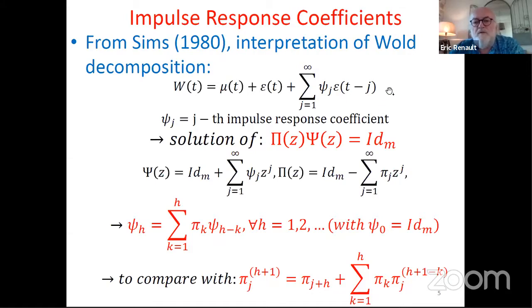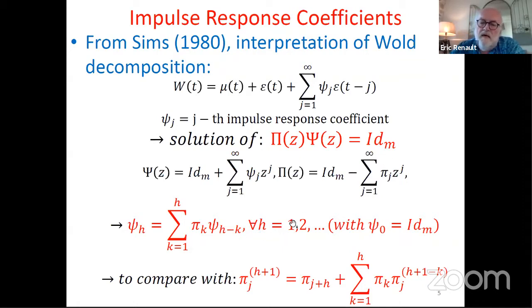It is exactly the Wold representation in the case of a stationary process. But I do not preclude non-stationarity. Anyway, just by the fact that the two polynomials should be inverse of each other, and this is the identity matrix of size M, where M is the total dimension of the process, you have this recursion on the parameter psi in order to get the identity when you multiply them.